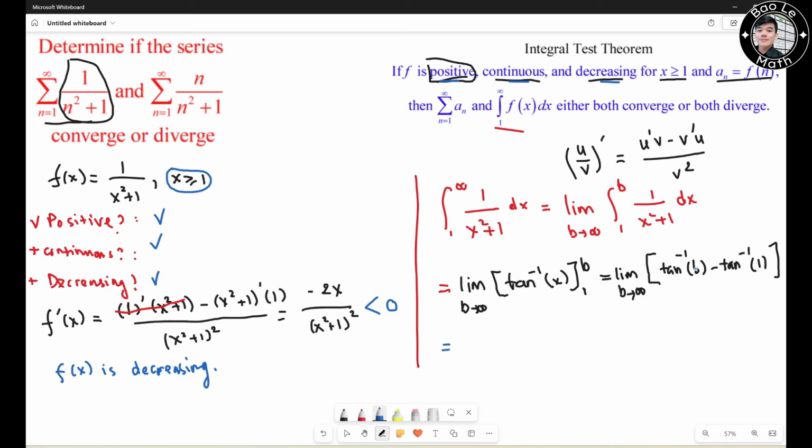Tangent inverse of infinity is pi over 2, and this guy is pi over 4. So pi over 2 minus pi over 4 is pi over 4. So the integral from 1 to infinity of f of s ds converges.